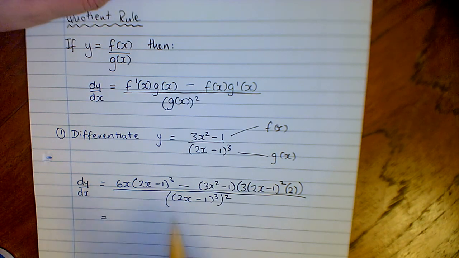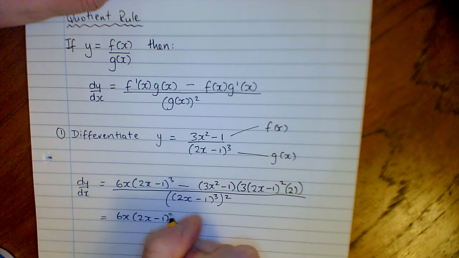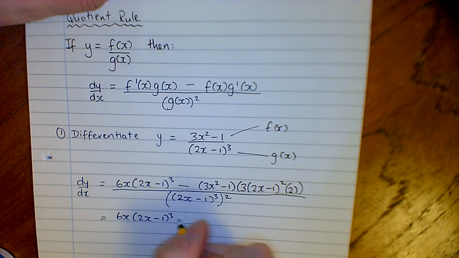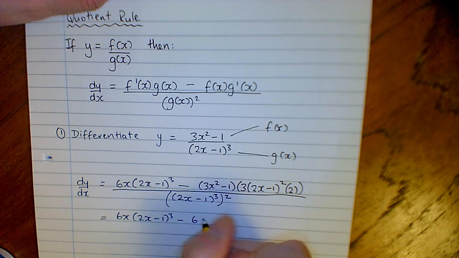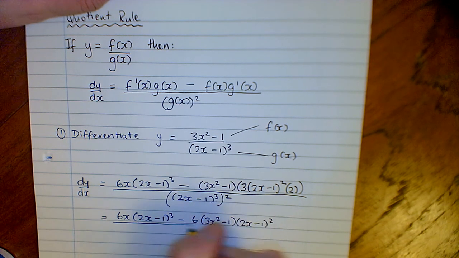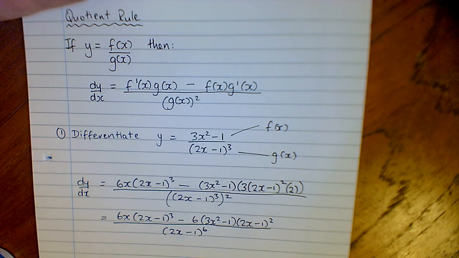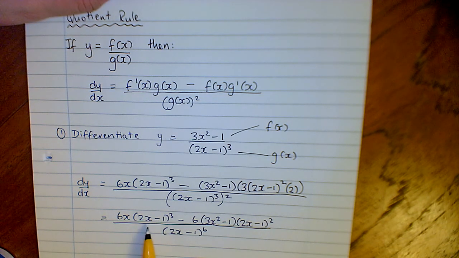Okay, now you'd be expected to tidy it up a bit more than that, so the very minimum would be that. Okay, so we've got 6x upon 2x minus 1 all cubed minus 6 upon 3x squared minus 1 upon 2x minus 1 all squared over 2x minus 1 to the power of 6.